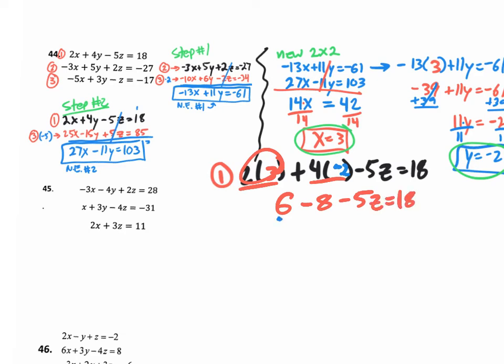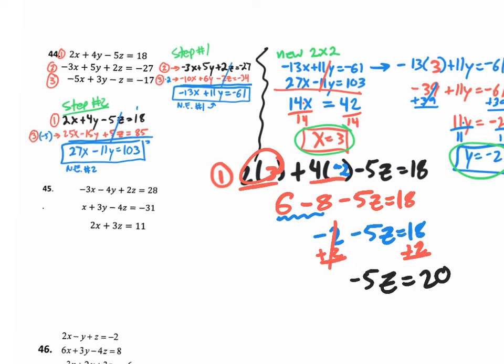So when I combine 6 and negative 8 in my head, that's just negative 2 minus 5z equals 18. Add 2 to both sides, plus 2, we end up with negative 5z equaling 20. So you divide by negative 5, divide by negative 5. Final answer is z equals negative 4.